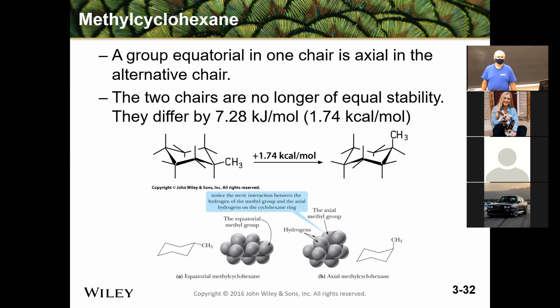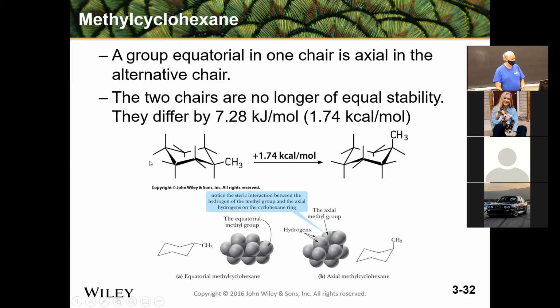If we have substituents on a cyclohexane ring, generally they're going to prefer to be equatorial rather than axial. In methylcyclohexane, which is shown here, the methyl flips back and forth between equatorial and axial, but the favored form is the equatorial.